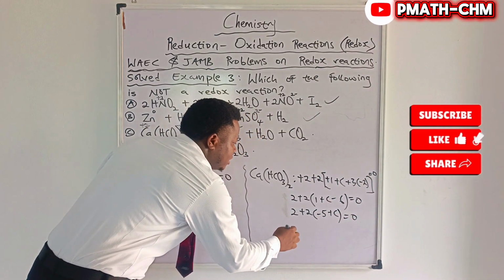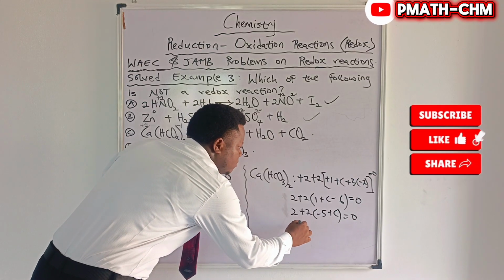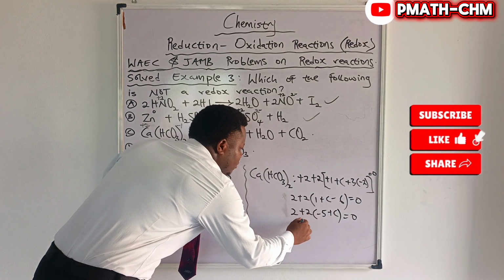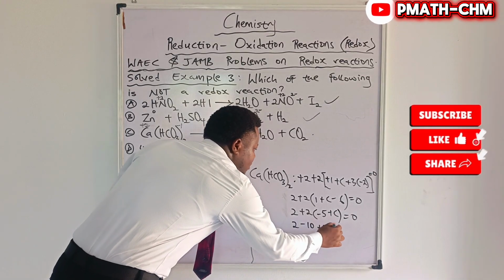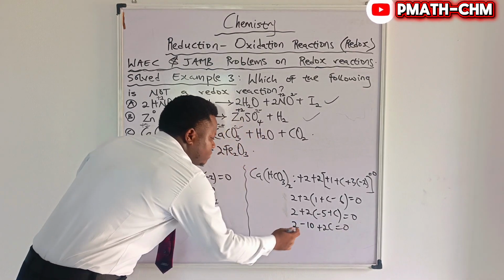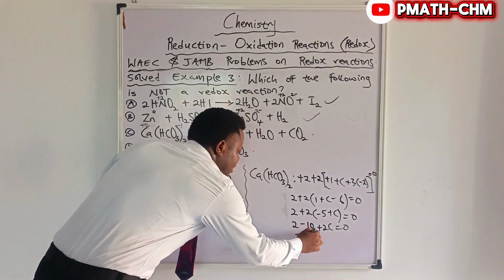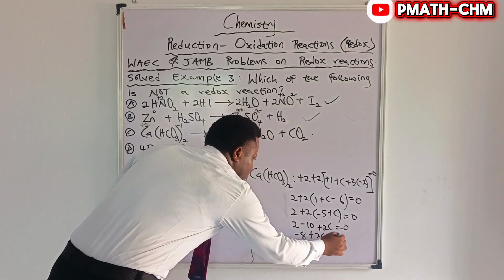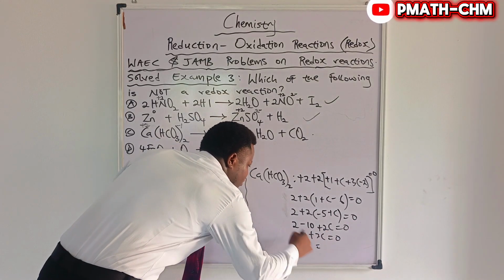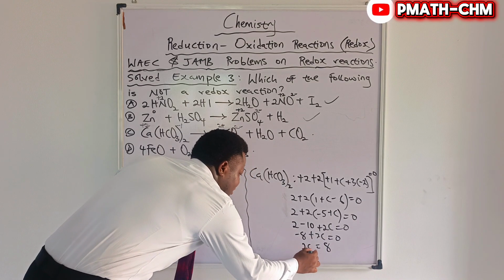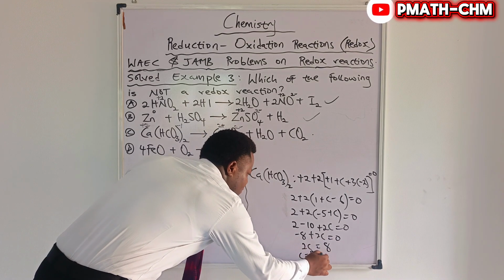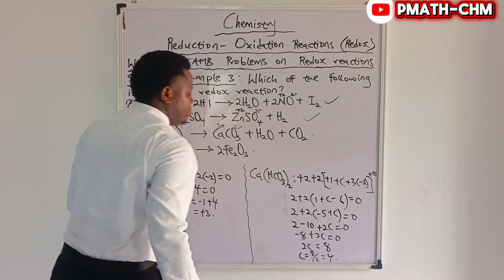From here, we can say 2, open up your bracket, that will give me minus 10, then plus 2C equal to 0. So 2 minus 10 will give you minus 8, plus 2C equal to 0. So you have 2C equal to 8. By the time you divide both sides, C becomes 8 over 2, which is plus 4.